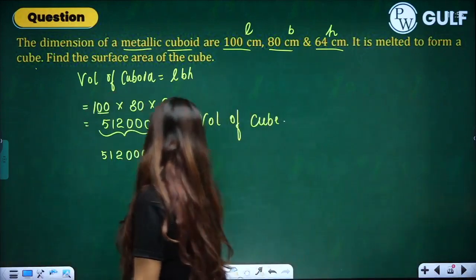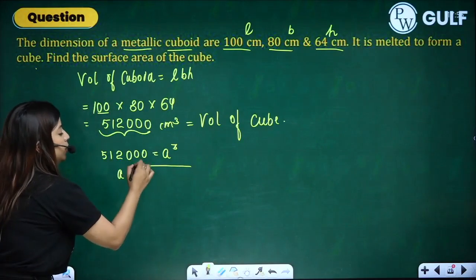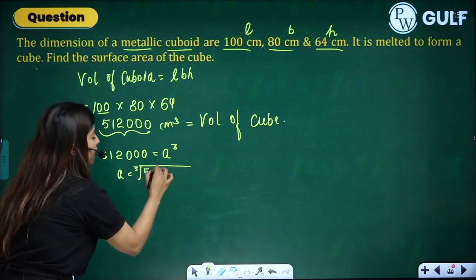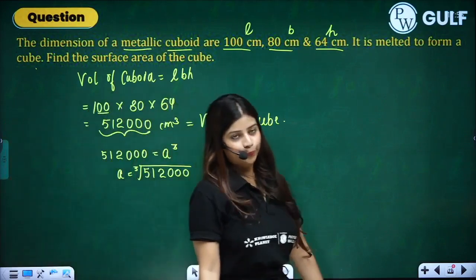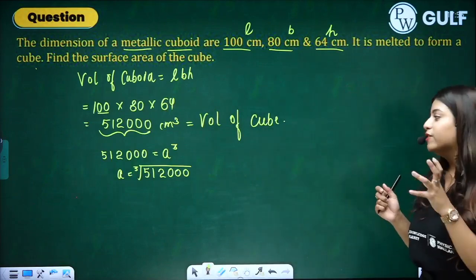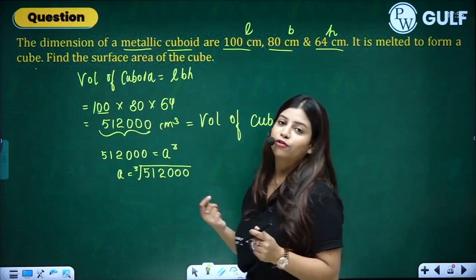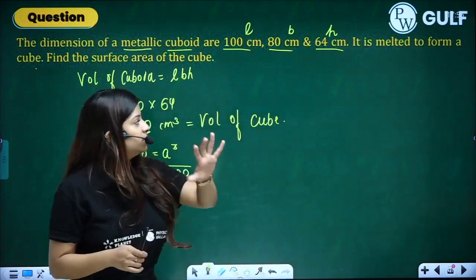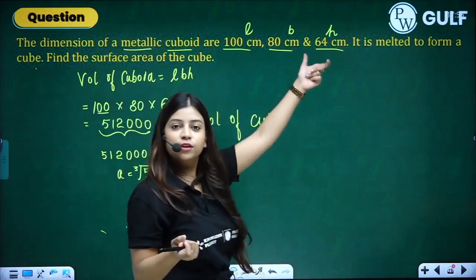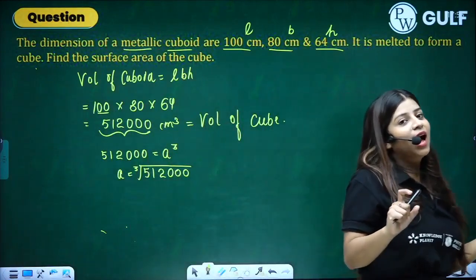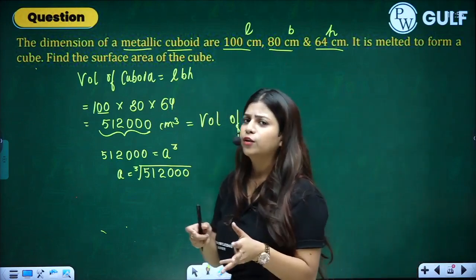Alright, so this a cube, or we can say a, will be equivalent to the cube root of 512000. This is something from where we can calculate the side of your cube. See, the very first thing, the cuboid dimensions are given to you. The second thing is, even though you have the dimensions, nothing else is related to the cuboid.